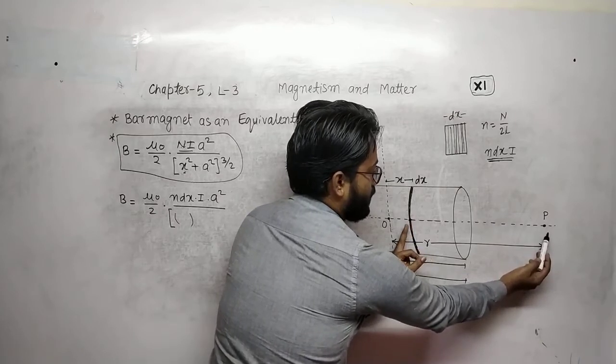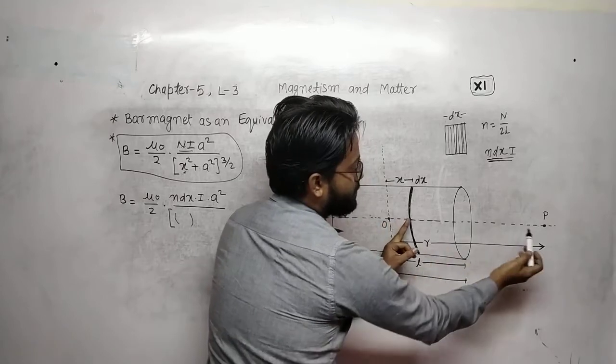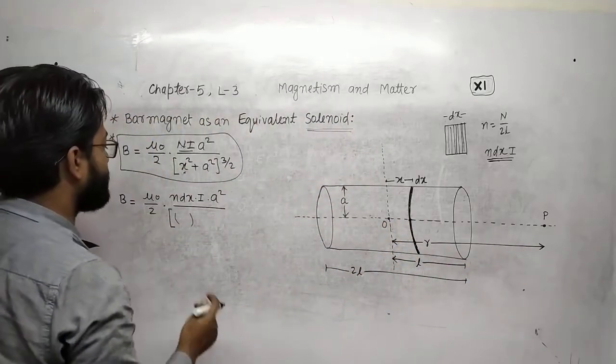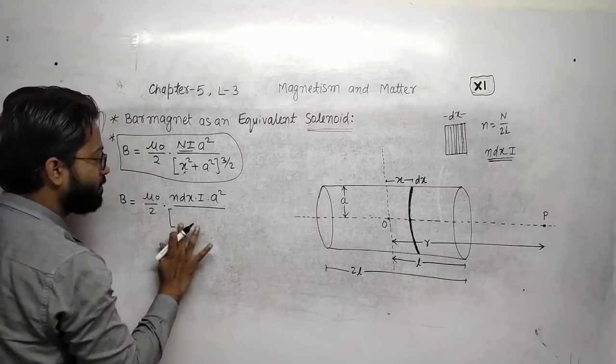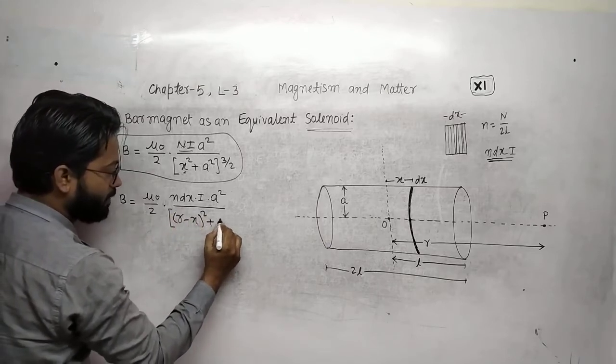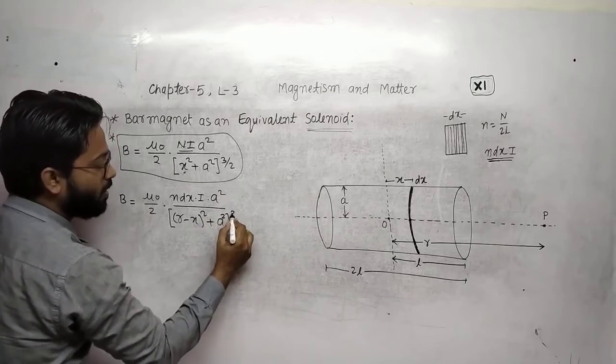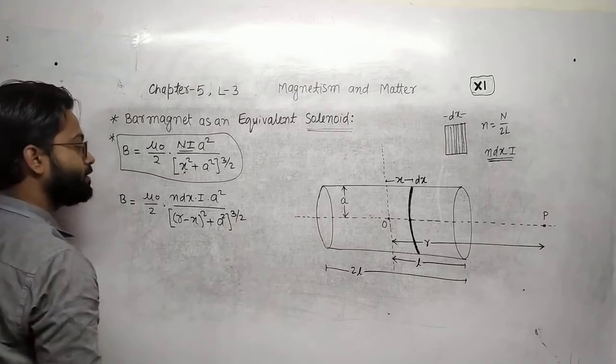Total distance from the origin is R and this is x, so this should be R minus x. In place of x we will write R minus x whole square plus A square, the radius square, whole power 3 by 2.